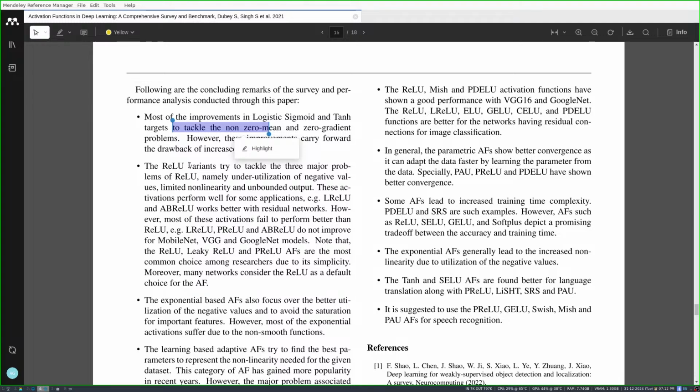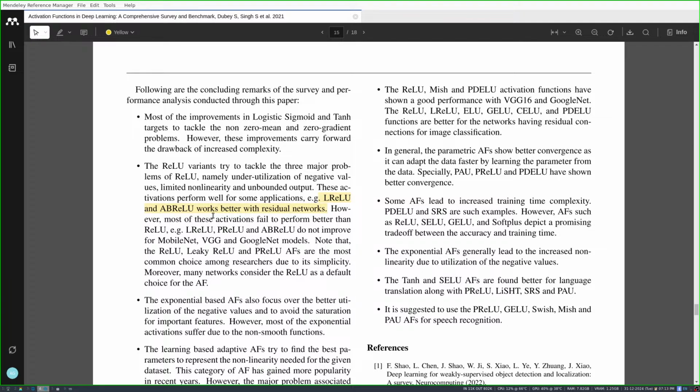ReLU variants try to tackle three major problems of ReLU, namely underutilization of negative values, limited nonlinearity, and unbounded output. These aggregations perform well for some applications. LReLU and BReLU work with bad.